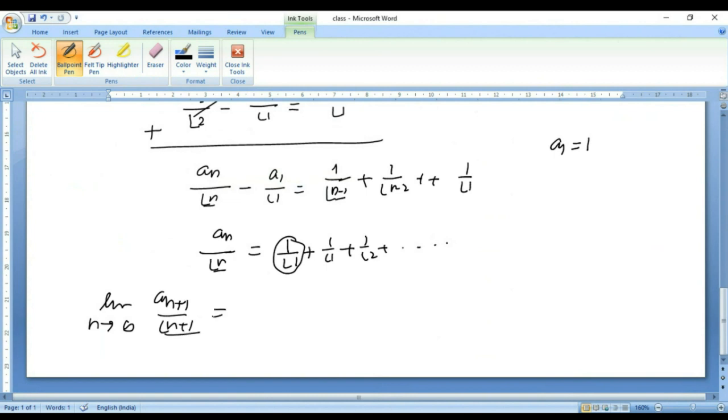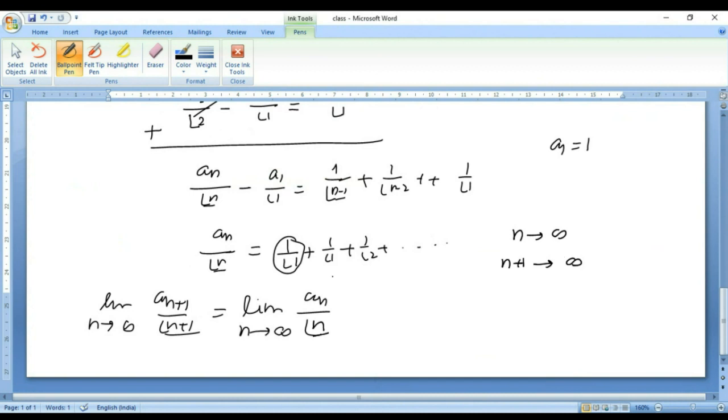That is the same as the limit of a_n over n factorial. The reason being that when n tends to infinity, so does n plus 1. So this step is justified.